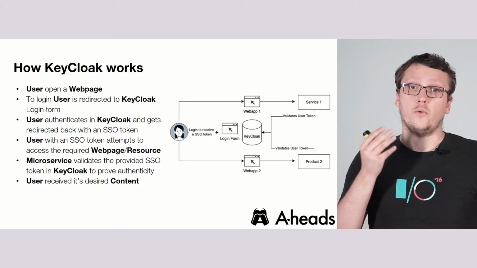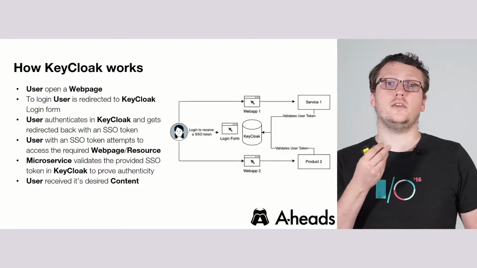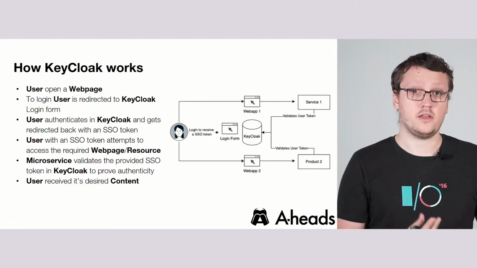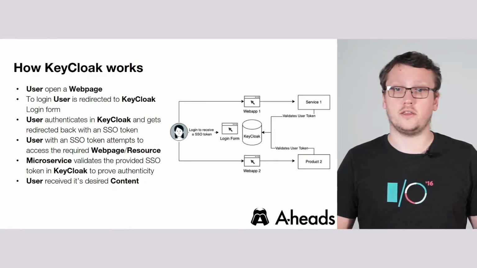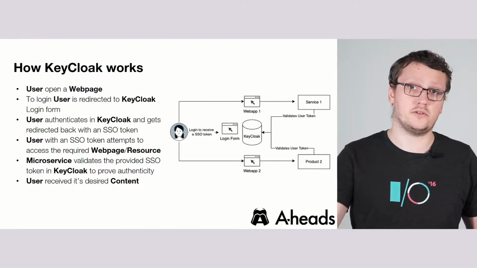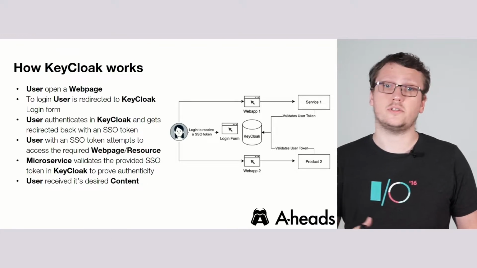So when a user logs in, Keycloak gives a key back. Using this key, as with a normal door, a user can get to a door, open it, and get past the door to the desired content. The same happens here.